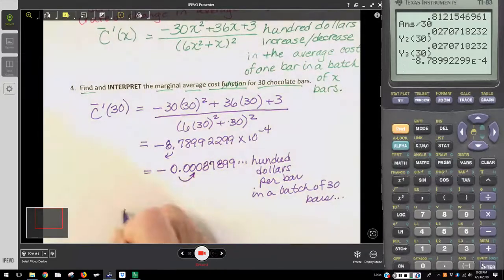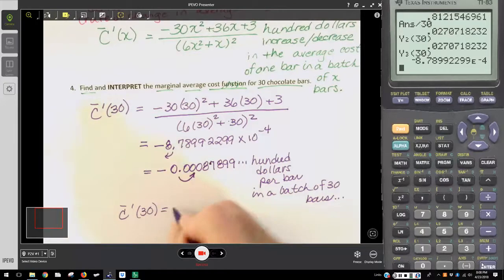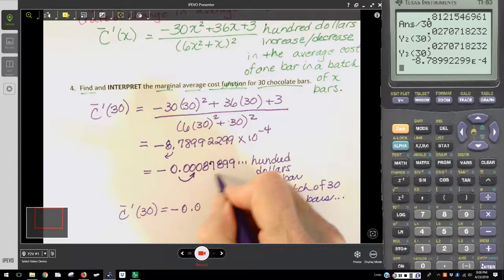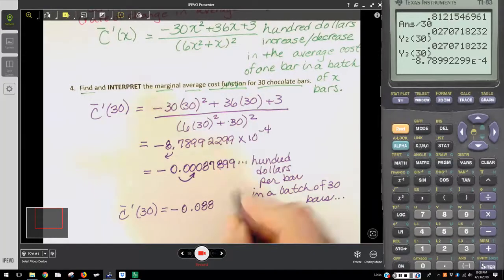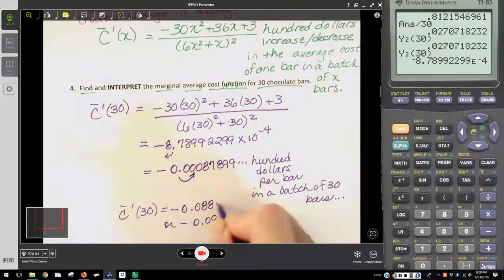Then C average prime of 30 is actually negative 0.0. We're going to let that 7 round up to 8. So that's going to be negative 0.088, or negative 0.09 dollars per bar.